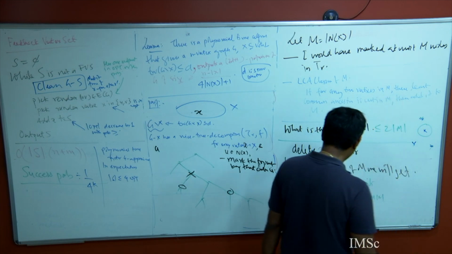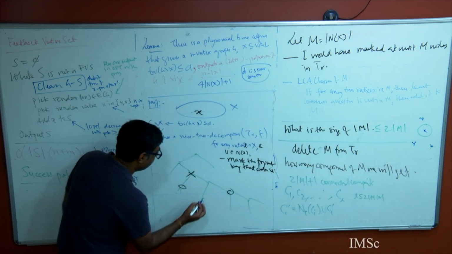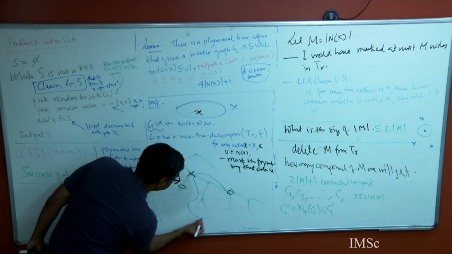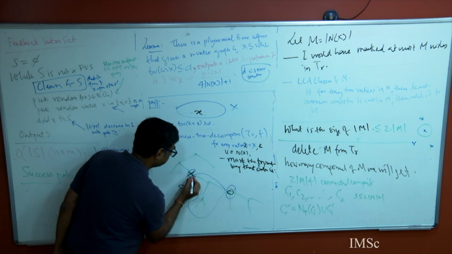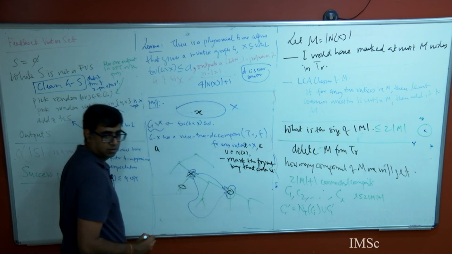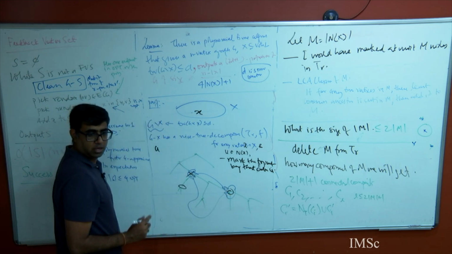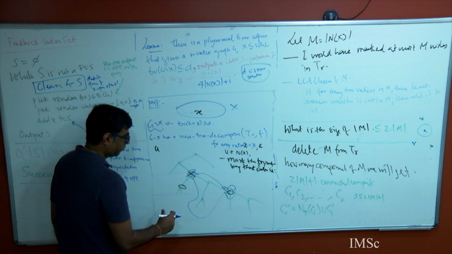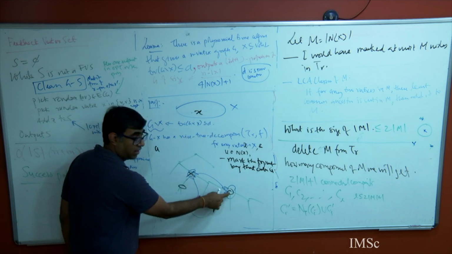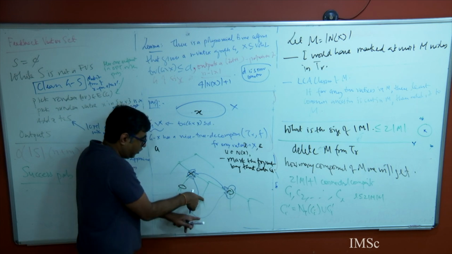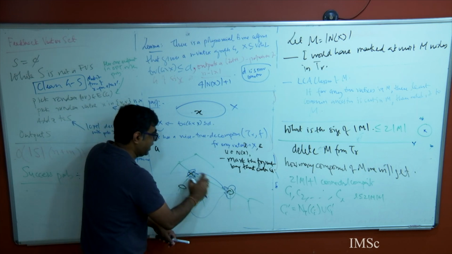So basically what I have done now, here are portions of the graph, 2 bags here, 2 bags here. And notice every vertex x here can only see the vertices of these bags. They cannot see any vertices outside, if I delete these 2.